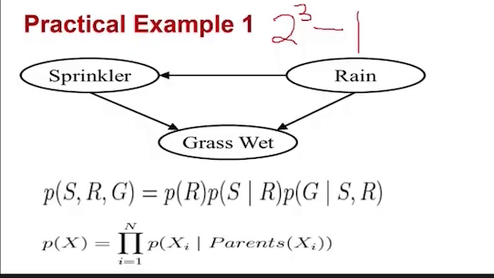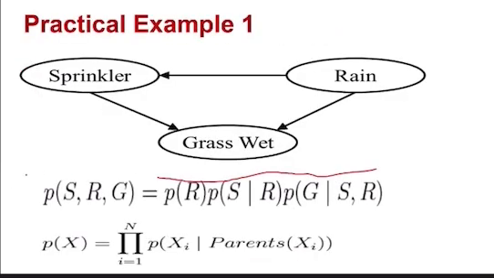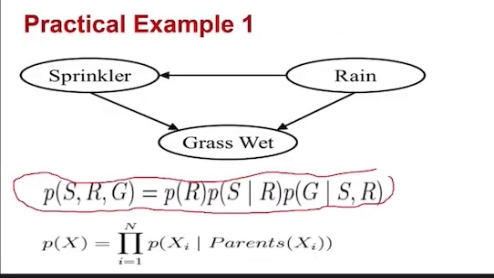Okay, now, based on this, I can answer an inference question. I want to find the probability that the grass is wet. Please pay attention. If you don't understand, ask me a question. Now, I want to find the probability that the grass is wet, but I already know the joint from the graphical structure.